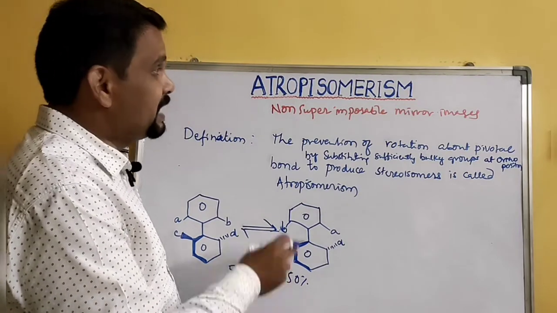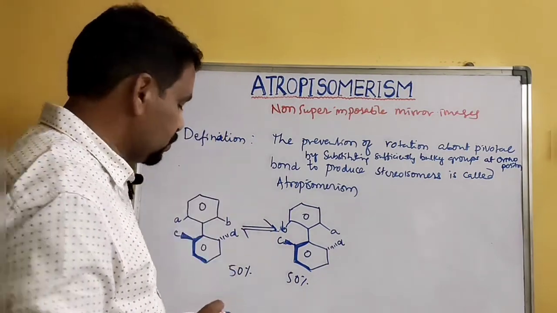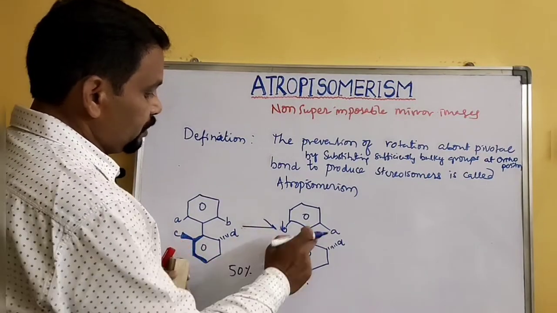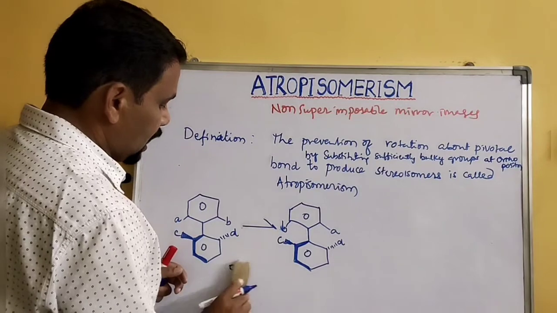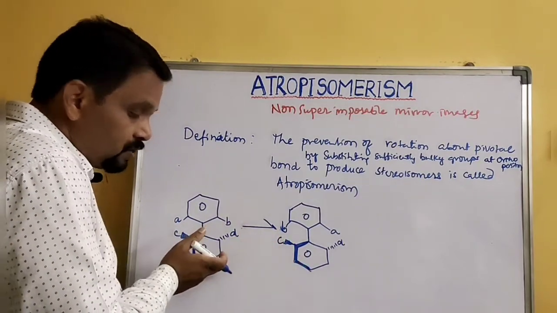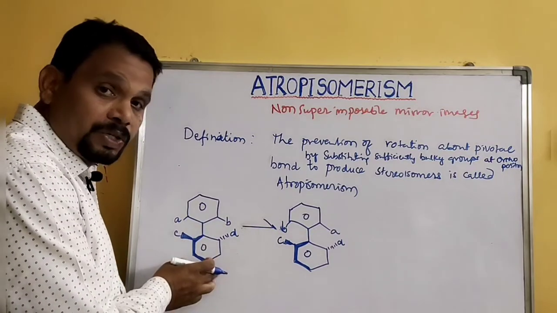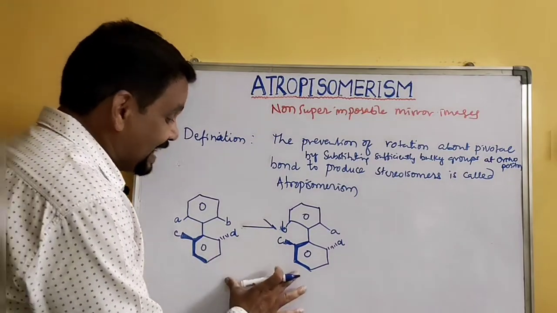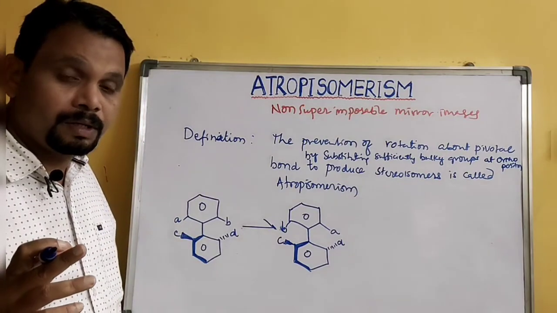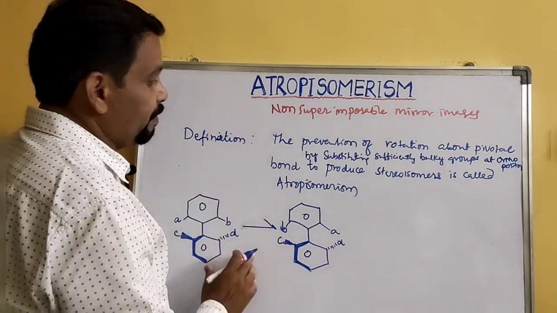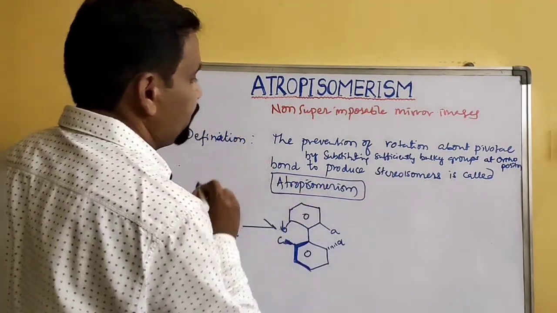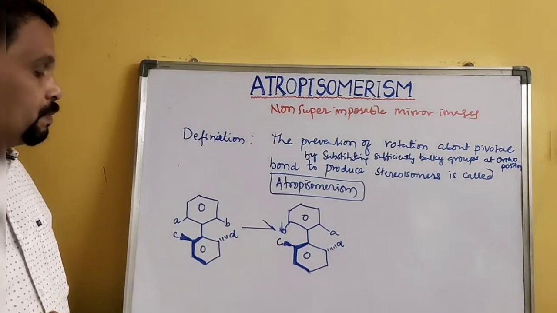But in atropisomerism, we restrict the rotation about this pivotal bond, and therefore this will not convert back to this isomer. Therefore they exist as independent isomers. This phenomenon is called atropisomerism.